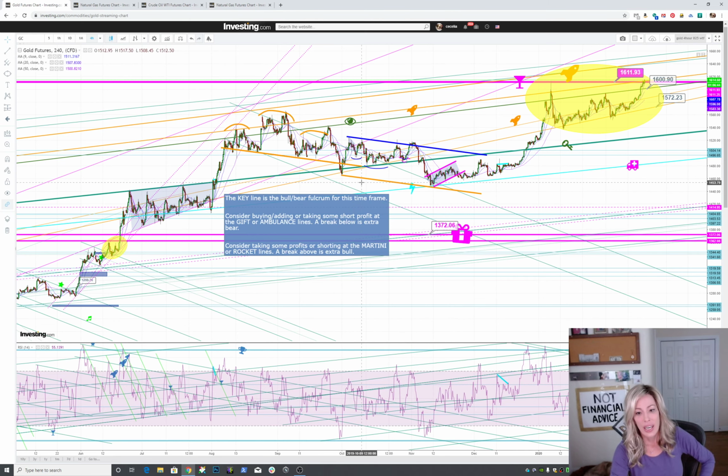Then it came back down and hit that exact same slope again, and that was pretty much the bottom of that little down wave.